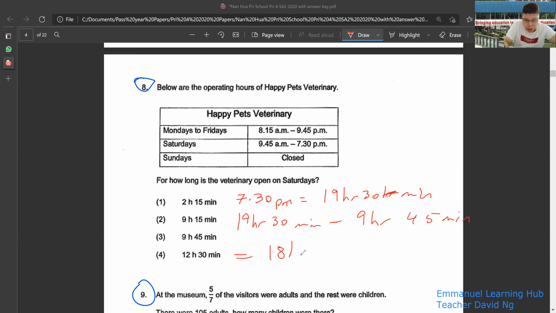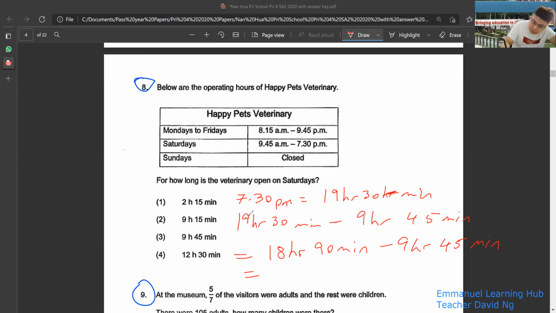That's equal to 18 hours, 90 minutes minus 9 hours, 45 minutes. You understand this working here? 30 minutes, I borrow 1 hour, right? So I plus 60. 30 cannot minus 45, right? So I borrow an hour from 19 hours.